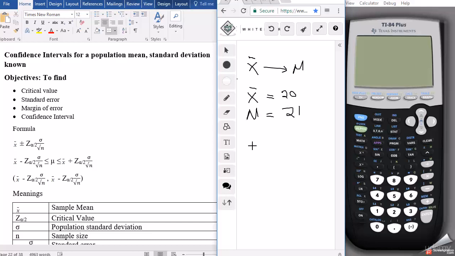Okay. Now, if we use an interval instead of this point estimation, the sample mean is what we call the point estimator of the population mean. If we have here, this is 20, let's say that this is where our sample mean is, and then we'll have right here 21.